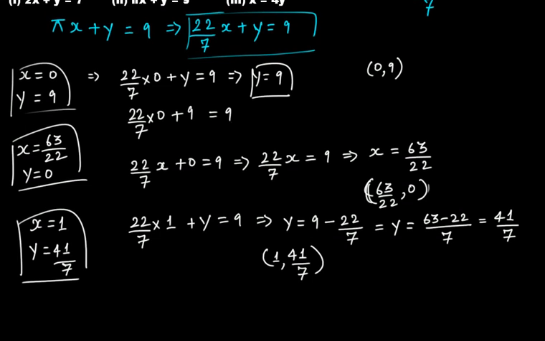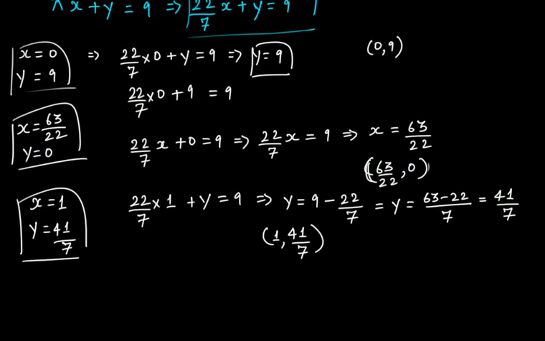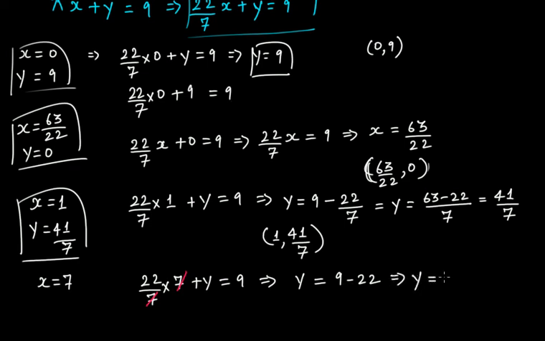And last one, this time let's take x equal to 7. So when you take x equal to 7, then this equation becomes 22 by 7 multiplied by 7 plus y equal to 9, and from here you get y equal to, now this 7 and this 7 get cancelled, you have y equal to 9 minus 22, and this becomes y equal to minus 13.